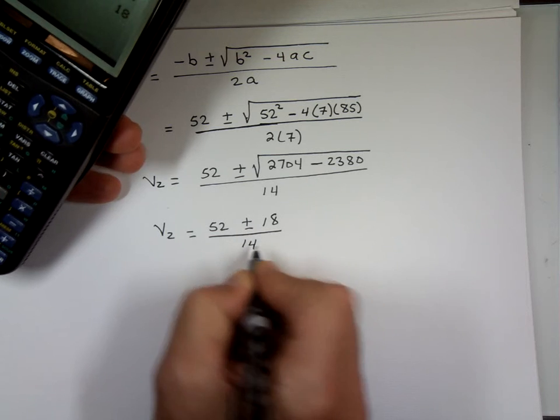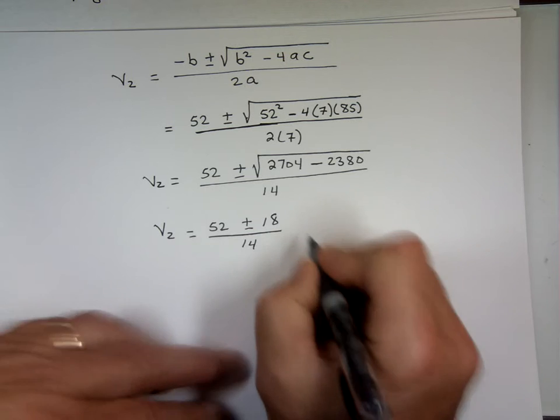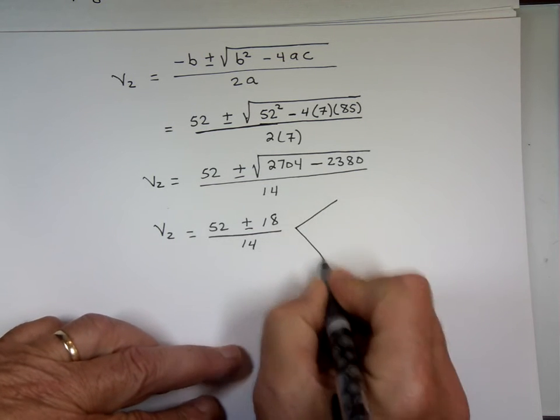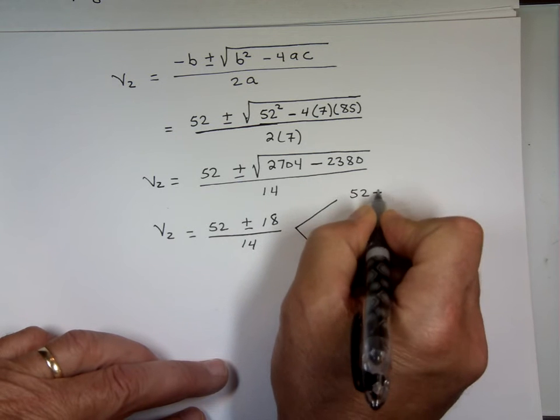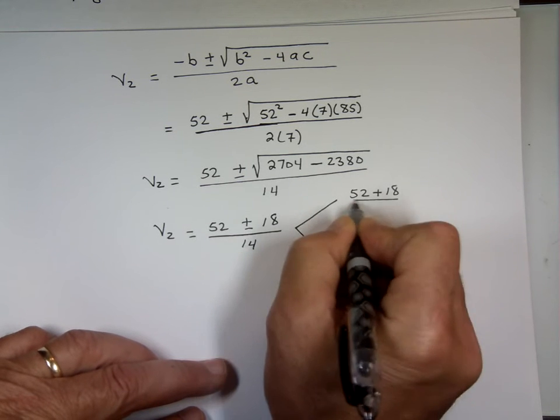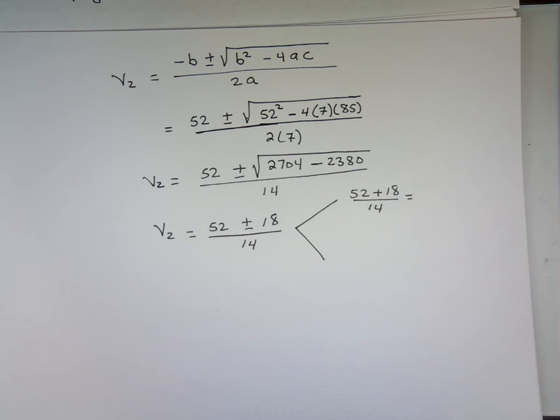Interesting. Exactly 18. I made that up without thinking about it, and I got a whole number. So one solution for v2 is going to be 52 plus the 18 over 14, which is 5.